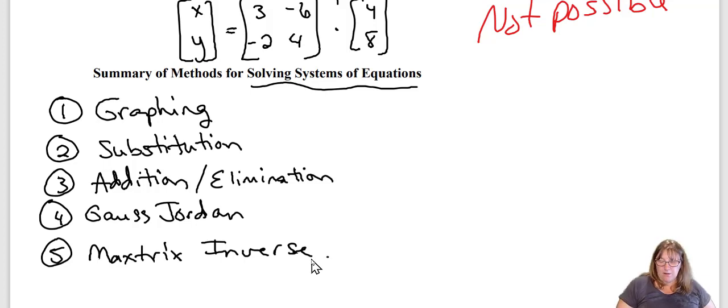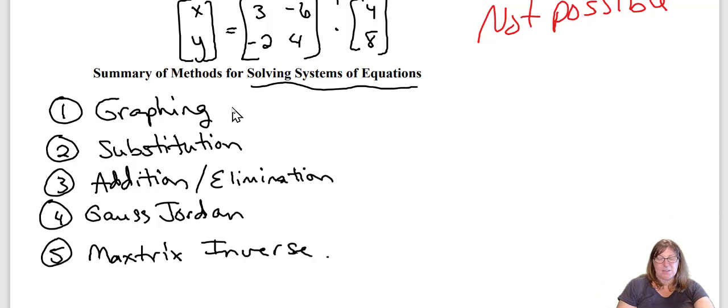Sometimes they fail. Graphing doesn't work well if your numbers aren't pretty integers that you can find from using the slope, right, to see where they intersect. Substitution, addition, elimination don't work well with large numbers of variables. Gauss-Jordan's pretty flexible. It works a lot. It'll even tell you when you have no solutions or an infinite number of solutions.